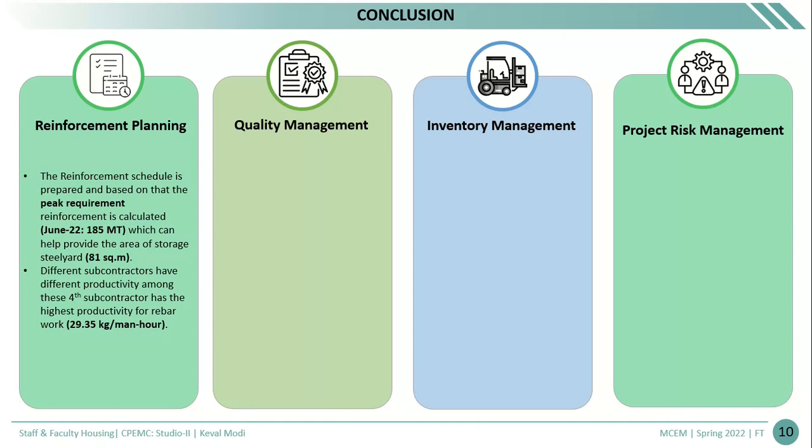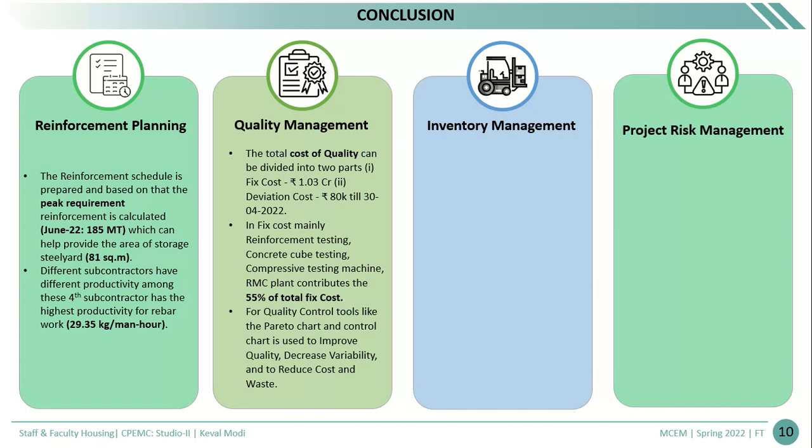Based on this 185 metric ton, how much area is required to accommodate it is calculated, which comes to 81 square meter. Then for different subcontractors, the productivity rate of rebar is calculated and compared. The sports subcontractor has the highest productivity rate, which is 29.35 kg per man hour.